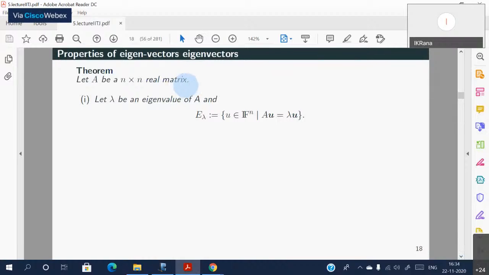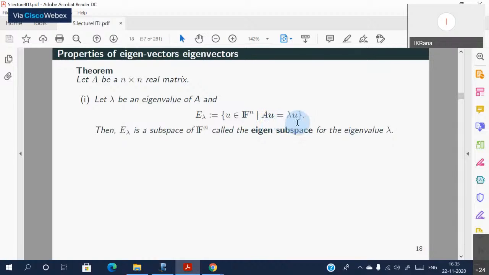Let A be an n cross n real matrix and lambda be an eigenvalue of A. So E lambda is the set of all vectors u, where F is the real line here, such that Au equals lambda u. Now it is a subspace of F^n, because given two eigenvectors u1 and u2, A u1 is equal to lambda u1, A u2 equal to lambda u2.